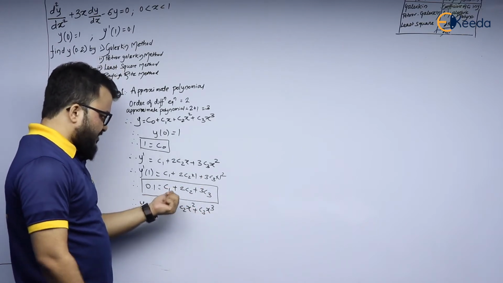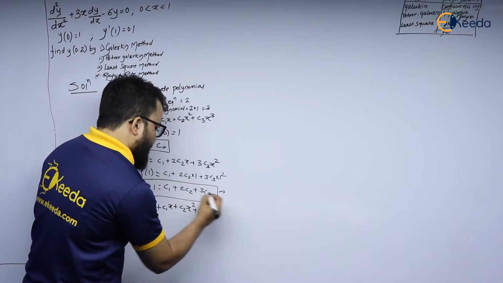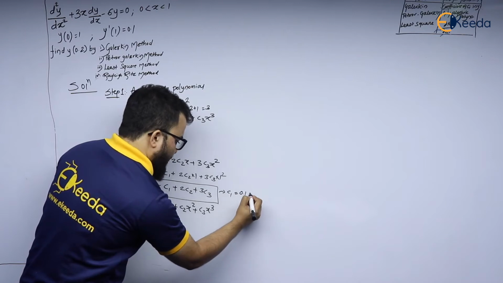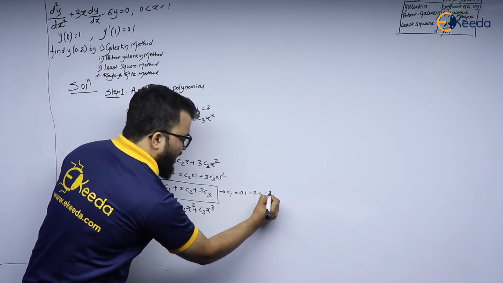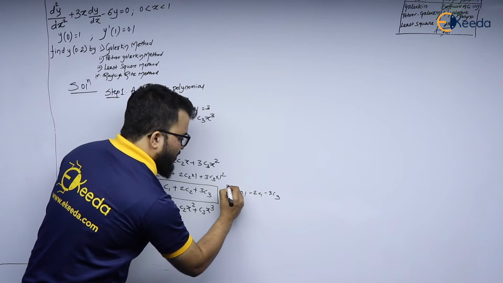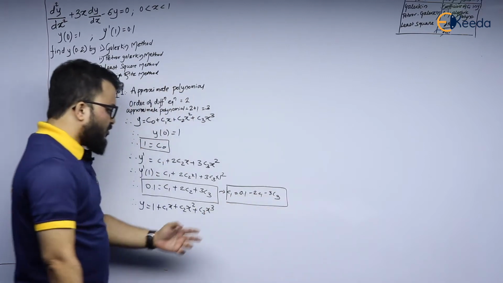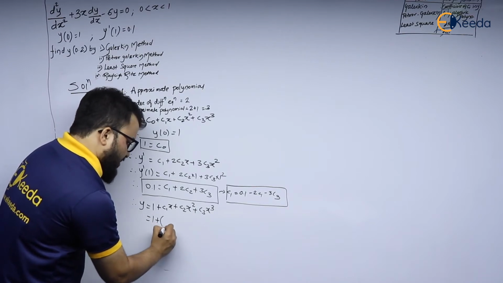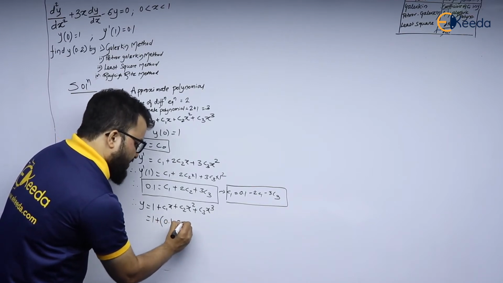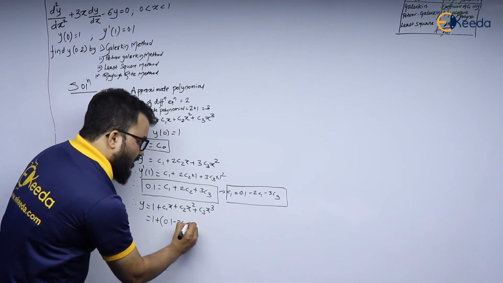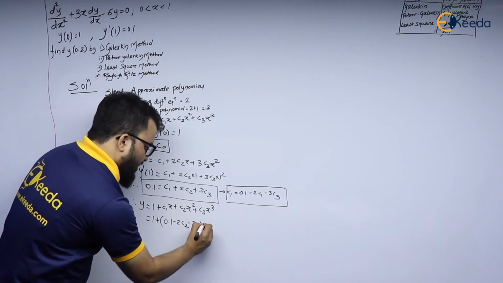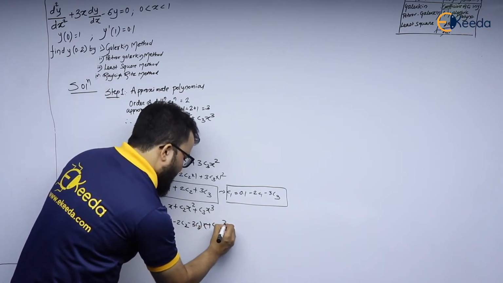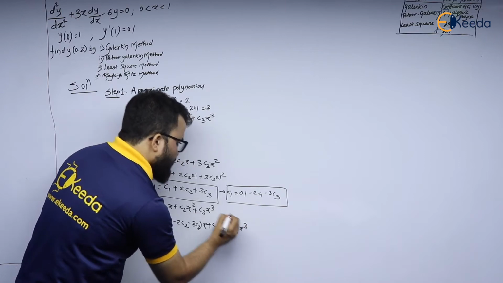So from this equation I will find the value of c1: c1 equals 0.1 minus 2c2 minus 3c3. Now I put this c1 value in the equation. This becomes 1 plus (0.1 minus 2c2 minus 3c3) into x plus c2x square plus c3x cube.